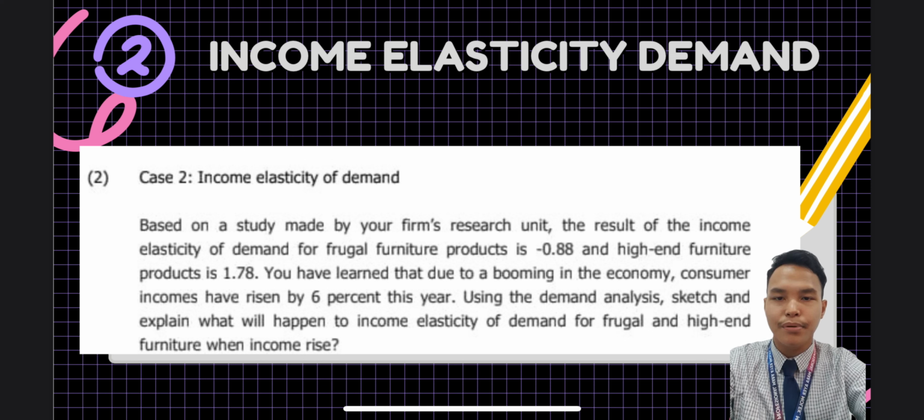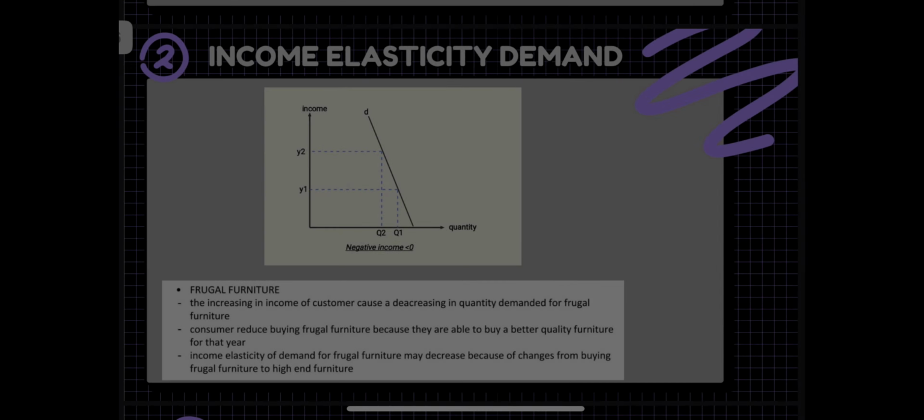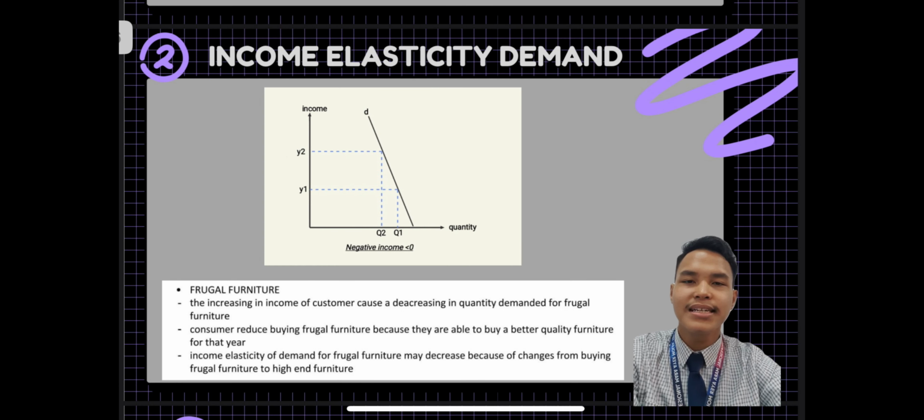You have learned that due to the booming economy, consumer income has risen by 6% this year. Using demand analysis, sketch and explain what will happen to the income elasticity of demand for frugal and high-end furniture when income rises. I have made my own analysis.